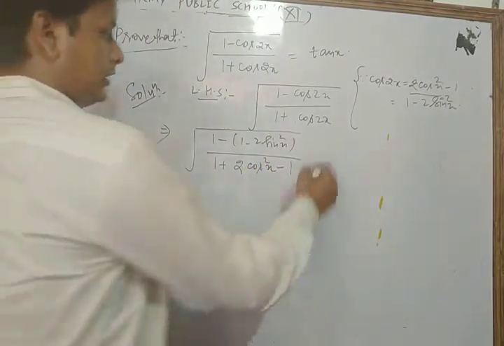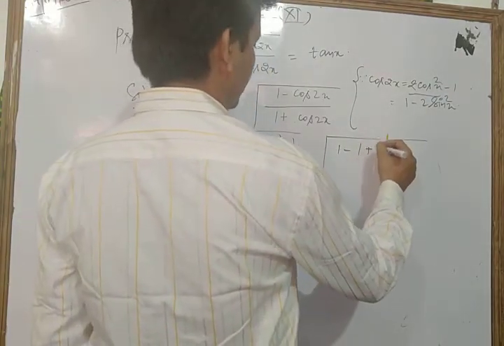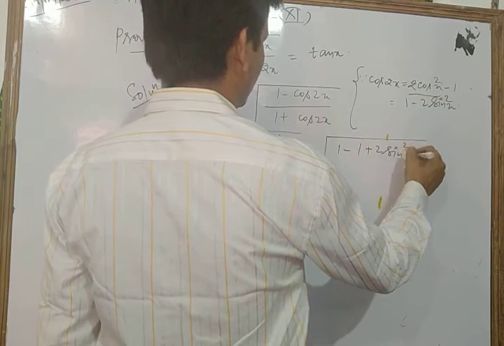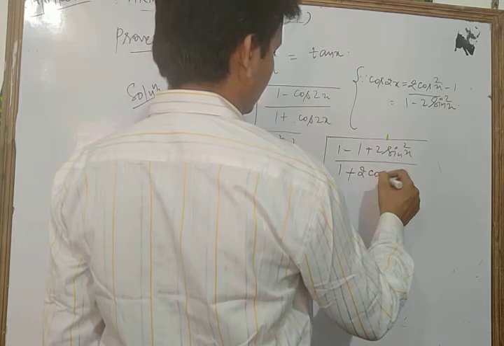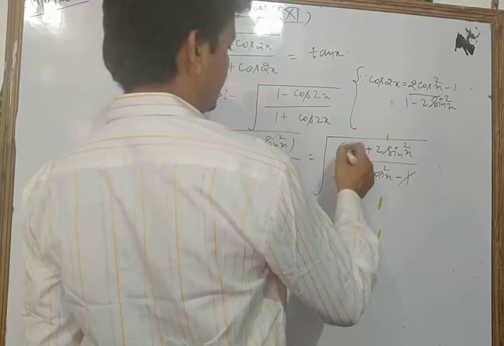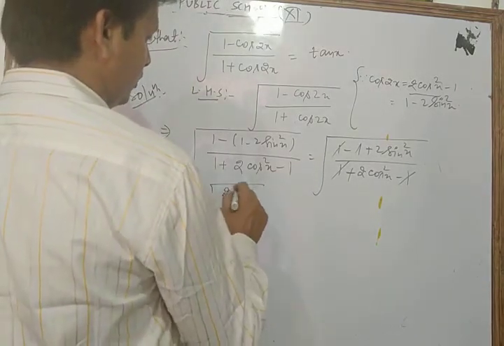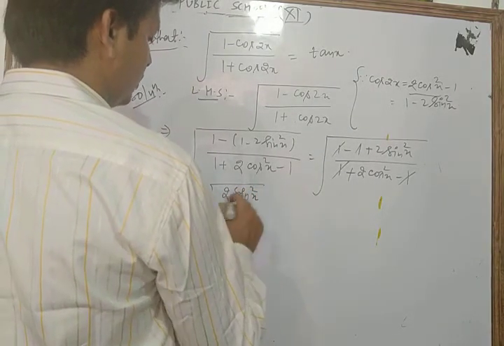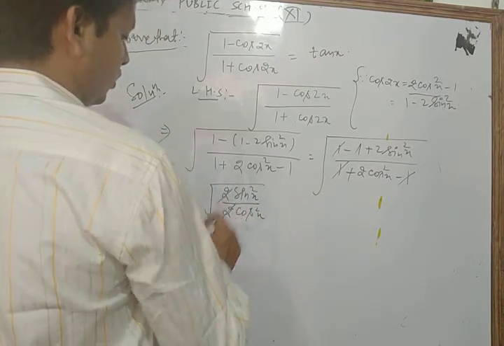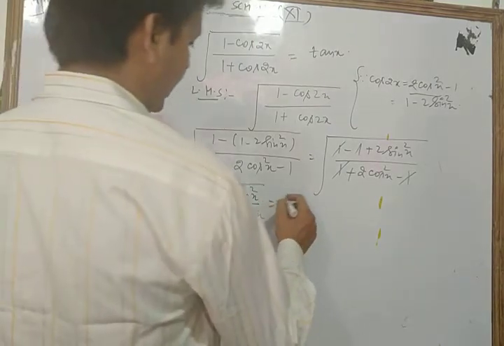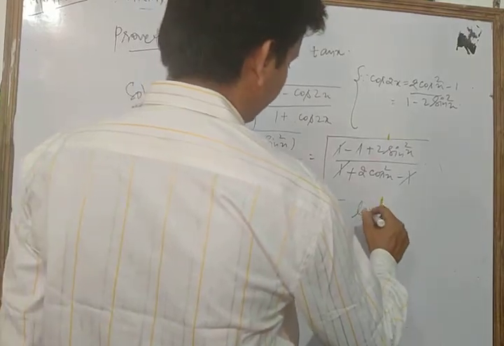Now let's see, break the brackets. We get 1 minus 1 plus 2 sin square x upon 1 plus 2 cos square x minus 1. The plus and minus cancel each other, so we have 2 sin square x upon 2 cos square x, the 2s cancel each other, so we have square root of tan square x, and we get tan x.